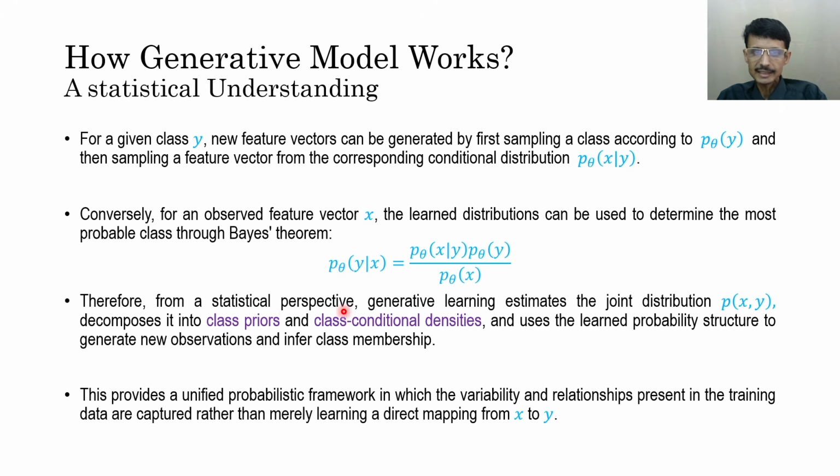Therefore, from a statistical perspective, generative learning estimates the joint probability distribution p of x, y, decomposed into class priors and class conditional densities, and uses the learned probability structure to generate new observations and infer classification. This provides a unified probabilistic framework in which the variability and relationships present in the training data are captured, rather than merely learning a direct mapping from x to y.